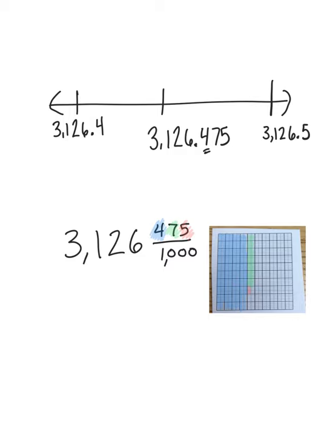So you have to know what place you're rounding to. Okay, let's look at both examples and see how our answers differ. When I'm rounding to the nearest tenth, I need to use my hundredths place to help me.